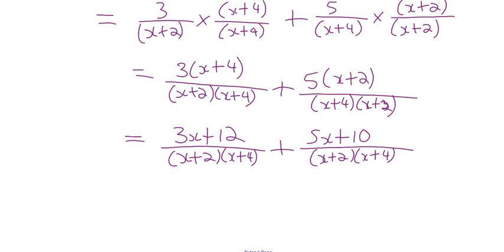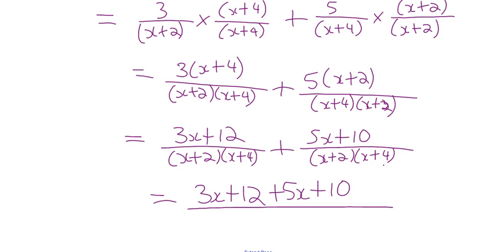So what step are we on? 17 of these 27 steps: express as equivalent rational expressions. We now have equivalent rational expressions with the same denominator. So now we add or subtract the numerators: 3x plus 12 plus 5x plus 10 over, and now we can write our common denominator.